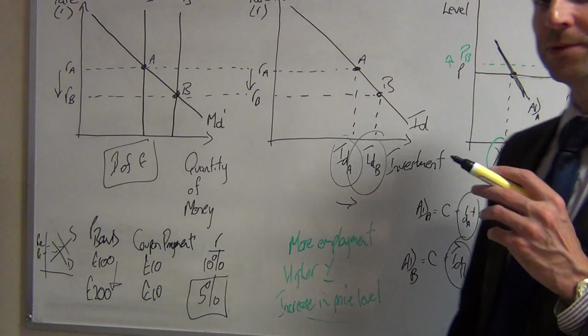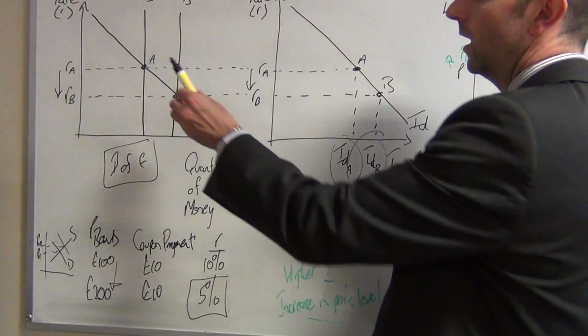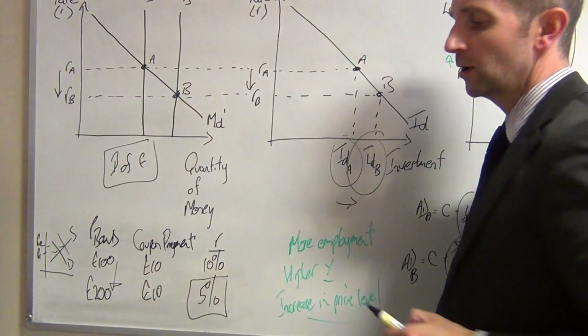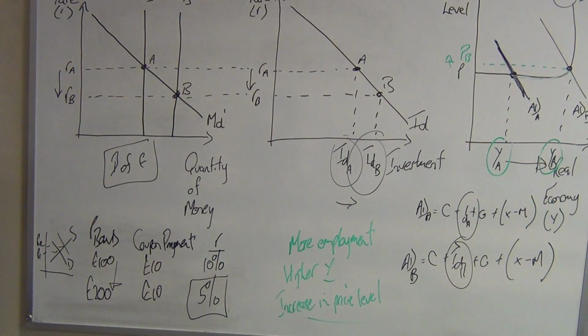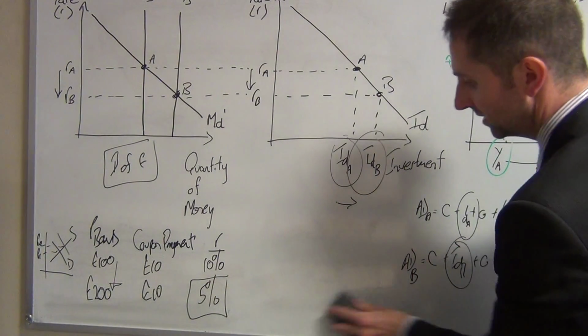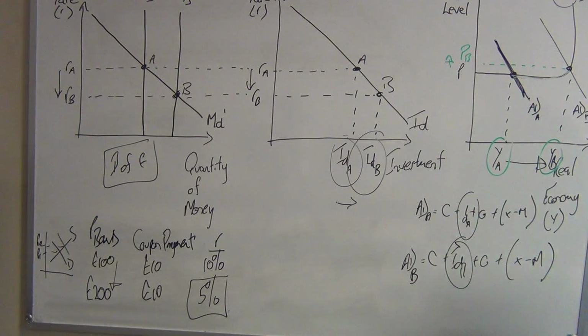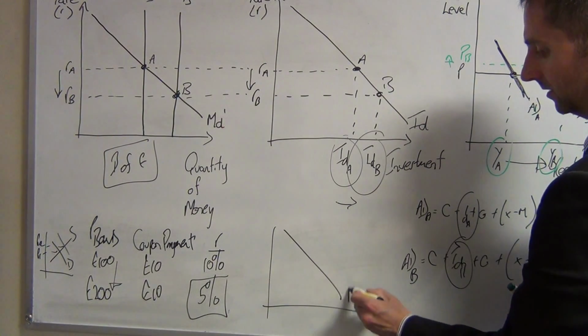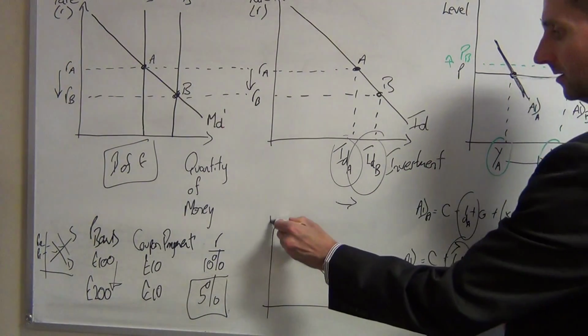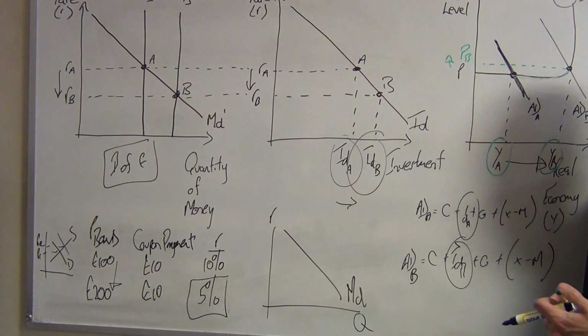Now, that helps us to explain why the money demand curve slopes downwards from left to right. Let me just check where we're zoomed in here again. Alright, excellent. So if I just draw the money demand curve by itself here, MD, R and quantity.